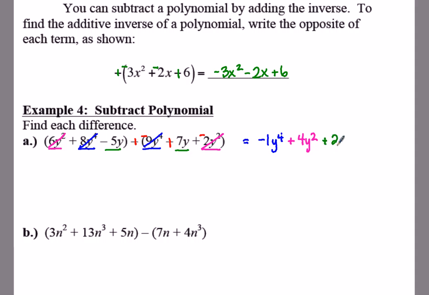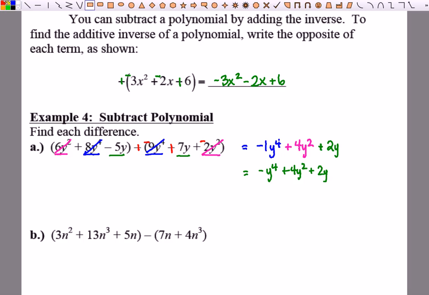So if I add those two together, I get a positive 2y. So my final solution, you can either leave the 1 there or not, or you can make it just a negative y to the 4th plus 4y squared plus 2y. And then that will be your final solution.